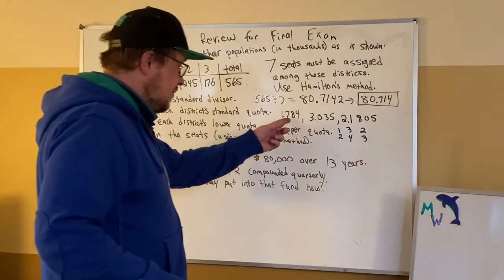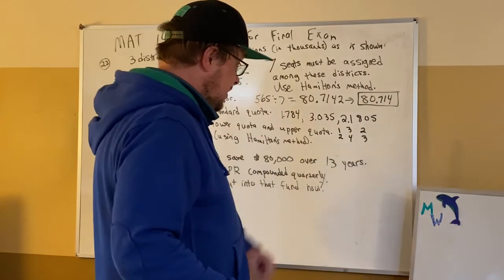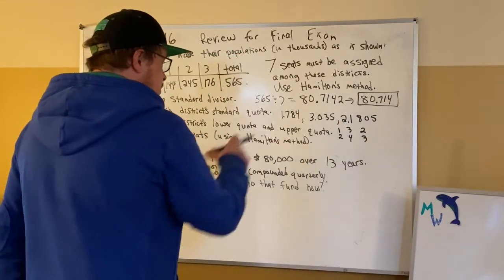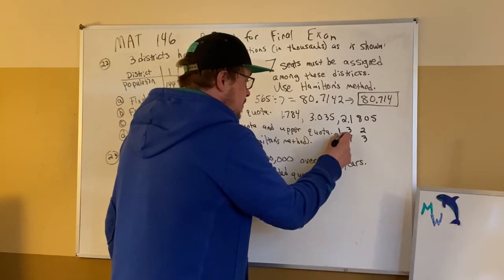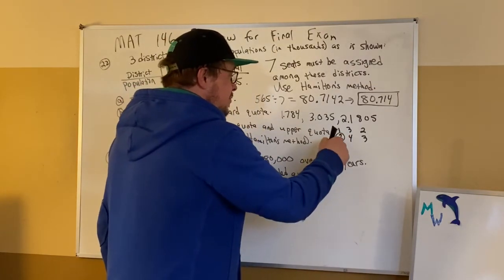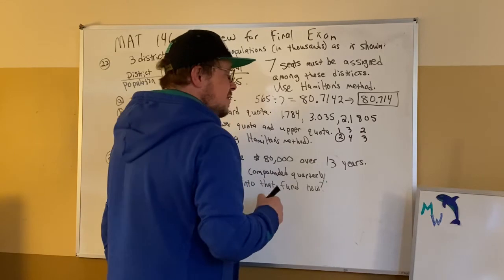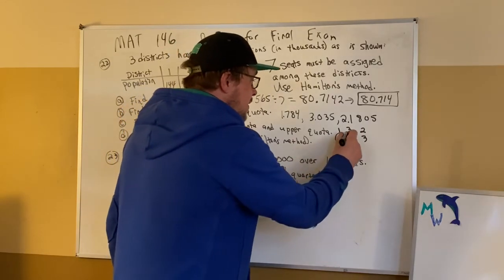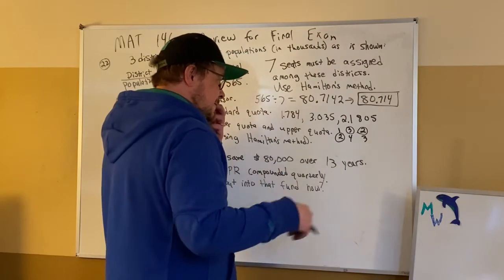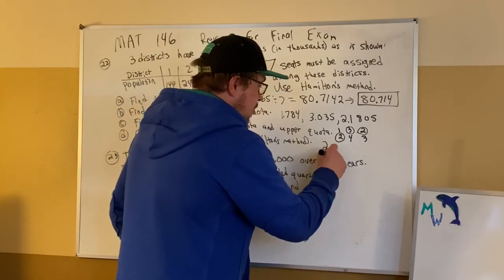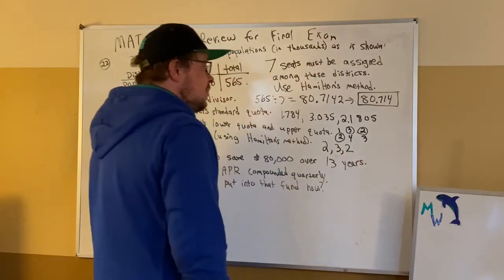So we're looking at a 78, a 3, or an 18, and this one wins. So this one gets to go to its upper limit. And now we have 2 and 3 and 2, which gets us 7. So that's going to finish our work. These guys are going to stay with their lower limits because they didn't come close enough to earning that extra seat. So in order, it'll be 2, 3, and 2.